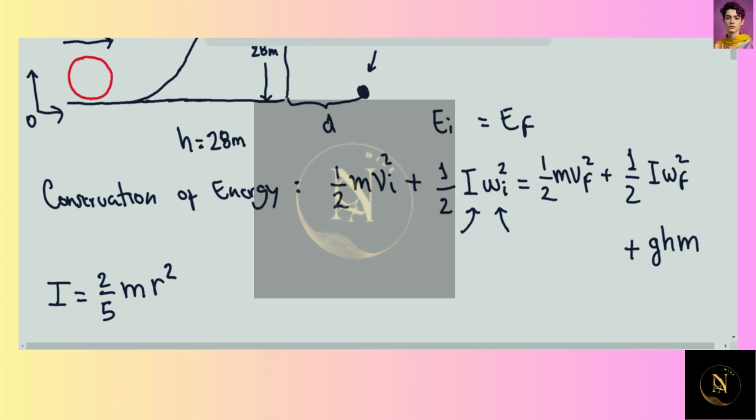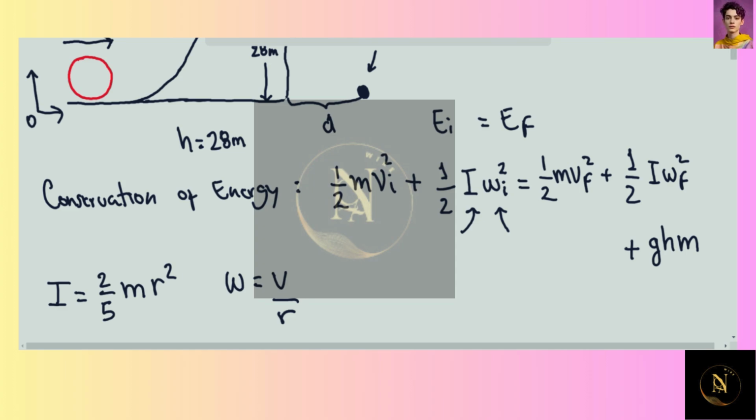So that is the moment of inertia. We also know that the ball is rolling without slipping. That is a condition in physics, and it means that the angular velocity can be expressed as the translational velocity v over r, the radius of the sphere in this case.